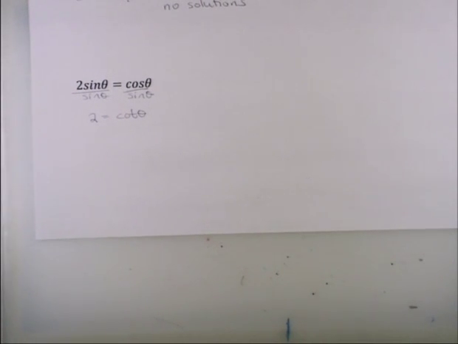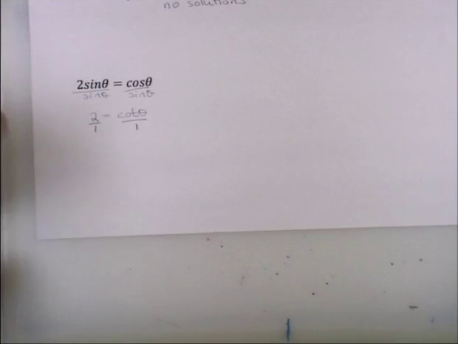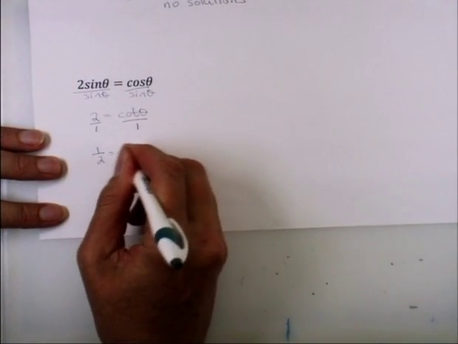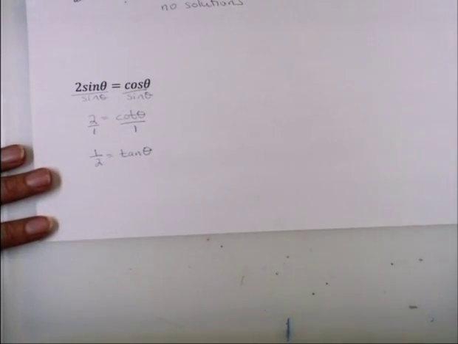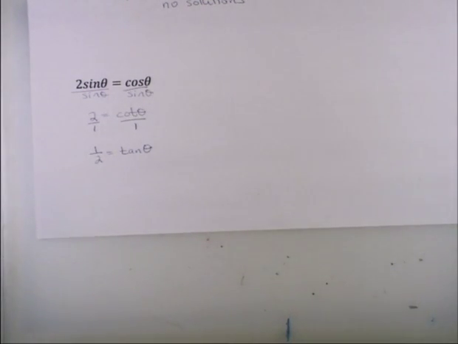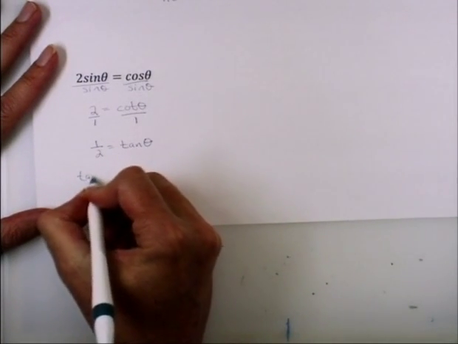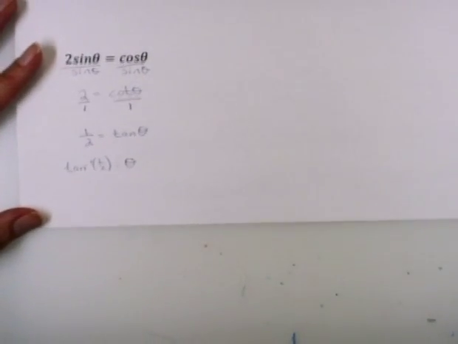Now, I'm not real comfortable with cotangent, so I tend to think of my proportion rules, and I'm going to flip this upside down and say that 1/2 is equal to the tangent of theta. Okay, that's easier for me to use. Now this is not one that we know, so I'm going to have to take the inverse of both sides. So the tangent inverse of 1/2 is going to equal theta, and you'd use your calculator.